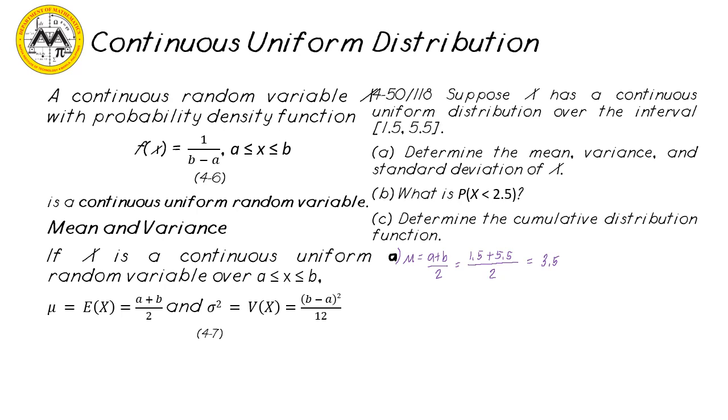For the variance, from the formula, it is 5.5 minus 1.5 squared, so that's 5.5 minus 1.5 squared all over 12.